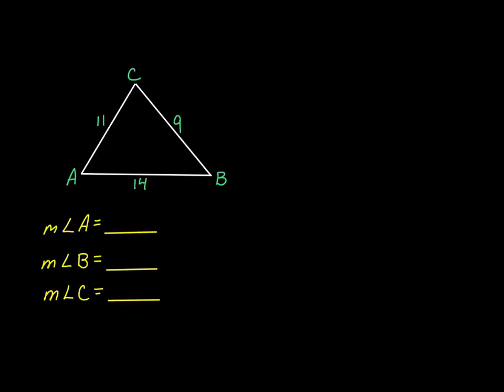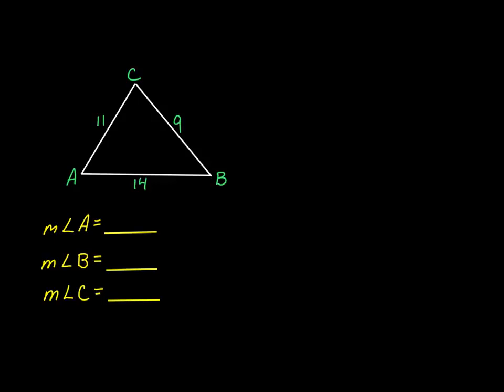All right, so the next problem we have here is going to be a side-side-side situation. And on our formula, if we have a side-side-side situation, we can start with any angle that we want to find. So it doesn't really matter which one we start with.